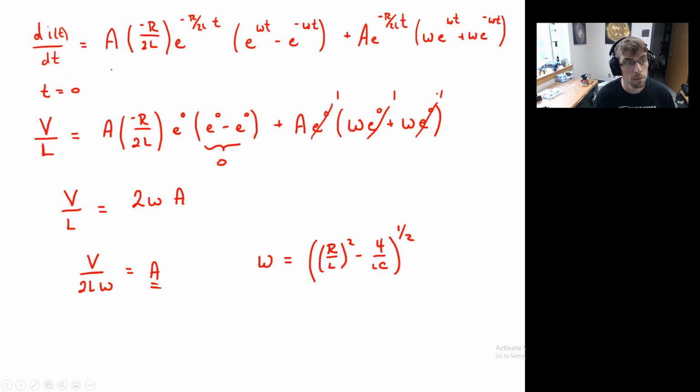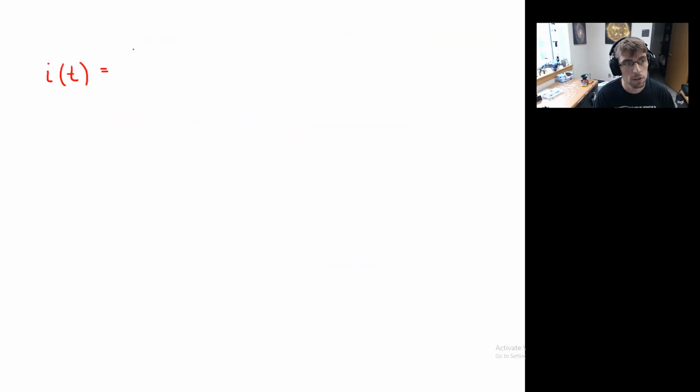We have that our current as a function of time equals, we have a value for A, the potential over 2L omega, e to the negative R over L times time.